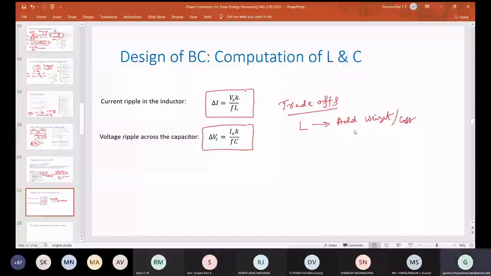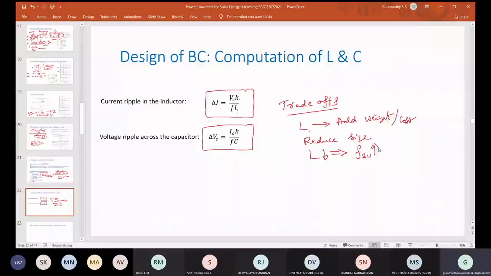You see in this equation, L is in the denominator. If you want to reduce the size of the inductor, you have to have a smaller inductor value, but the delta I is the same. So to keep this delta I, you have to increase the frequency. That means if you want to reduce the inductor size, you have to increase the switching frequency.